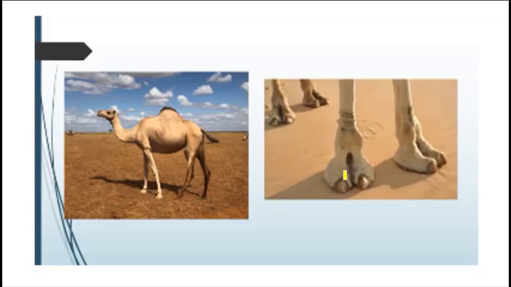Due to natural adaptation, the bottom surfaces of camel's feet are broad. Hence, the camel's weight is exerted on a large area and the pressure on the sand is reduced. This is why camel's feet do not penetrate into the sand and it becomes easy to walk. And students, this is a living example of the previous concept.